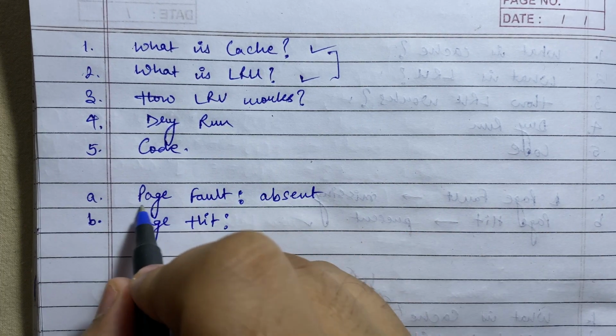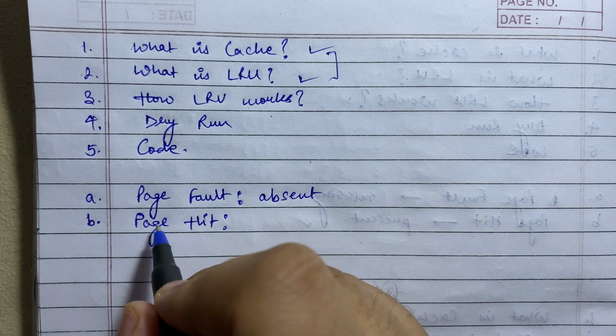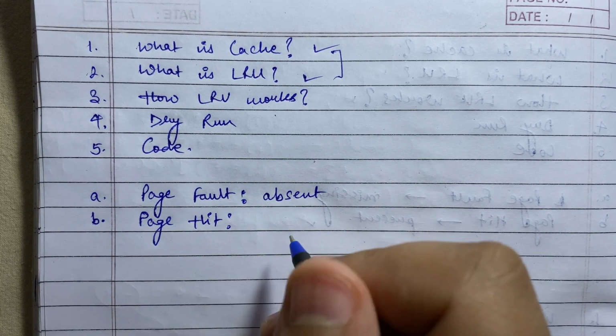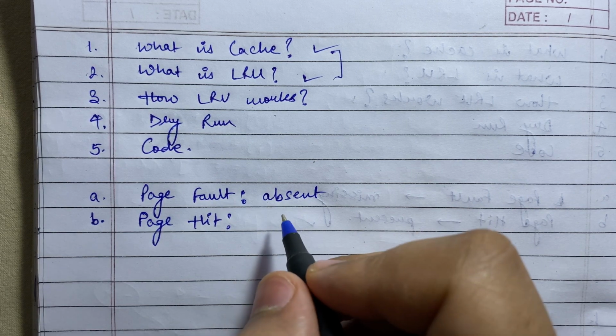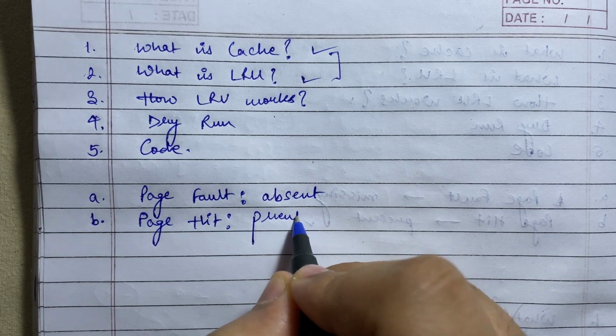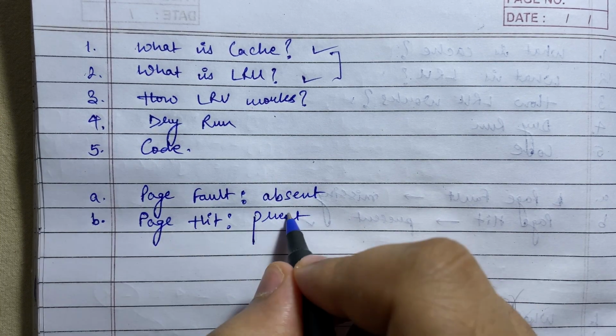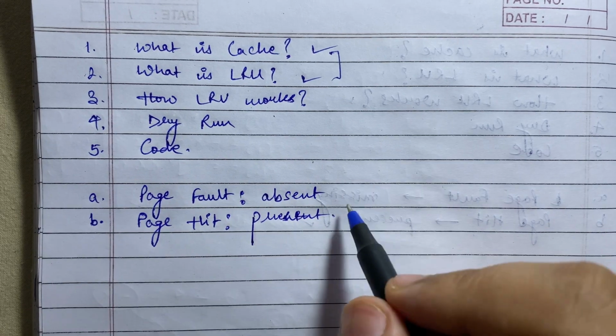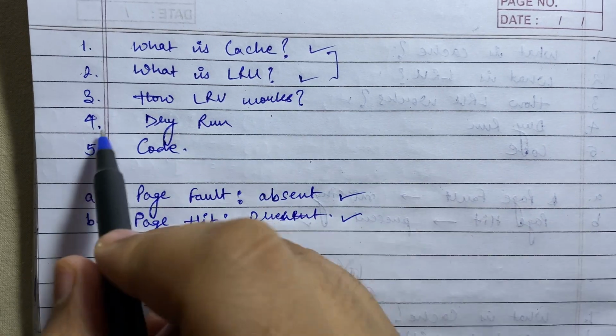In that case, it will be a page fault. Whereas, by now you must have guessed it, page hit means the opposite: the data that we are trying to look for is already there in the cache. So we'll say present.